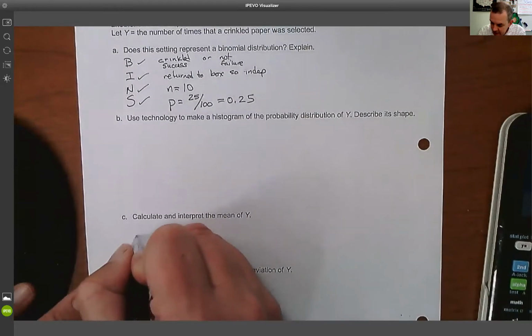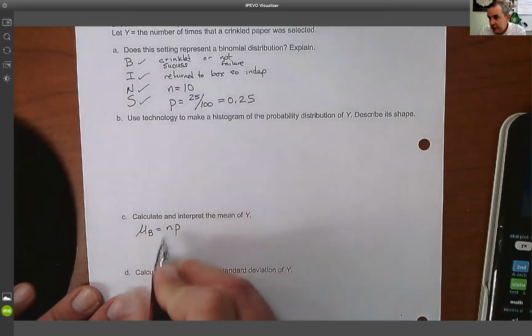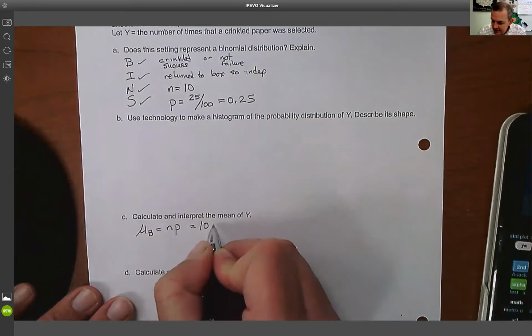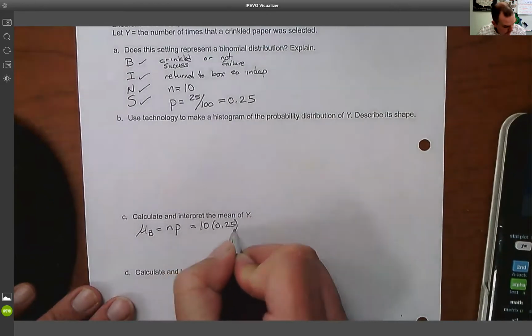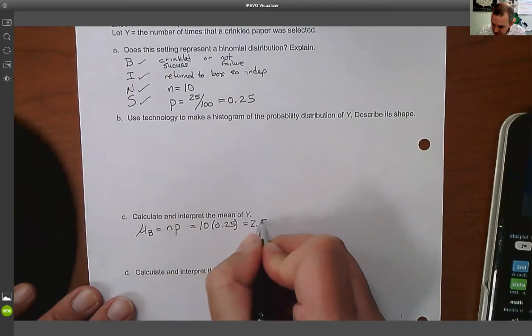The mean of a binomial distribution, it's on your formula sheet, is n times p, your number of trials times your probability of success. So in this case, it's 10 times 0.25, and the answer here is 2.5.